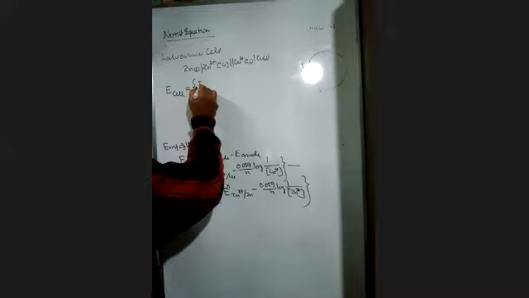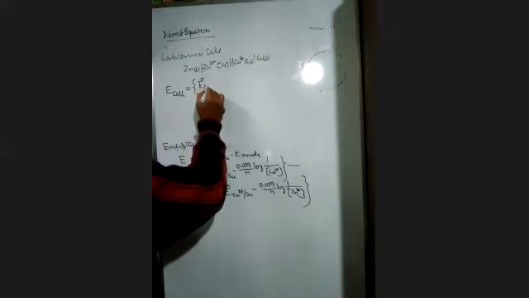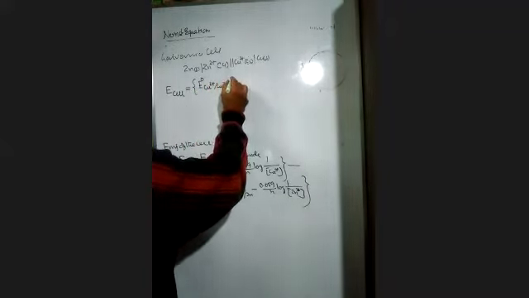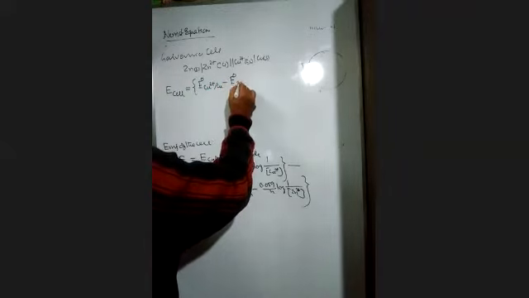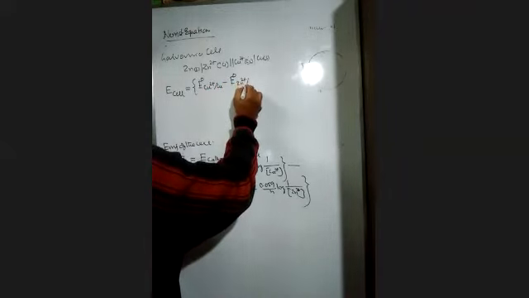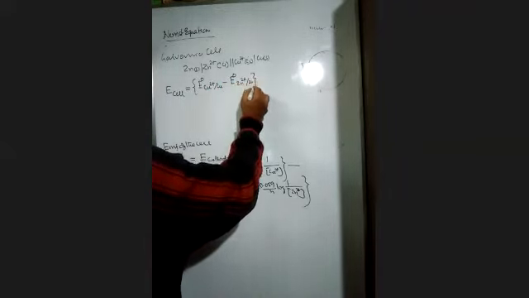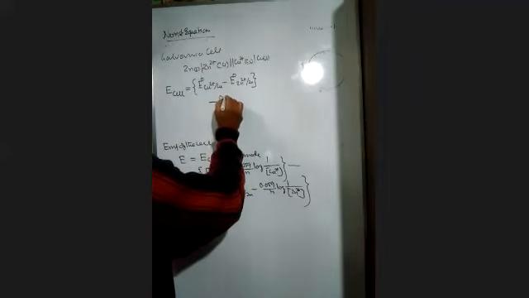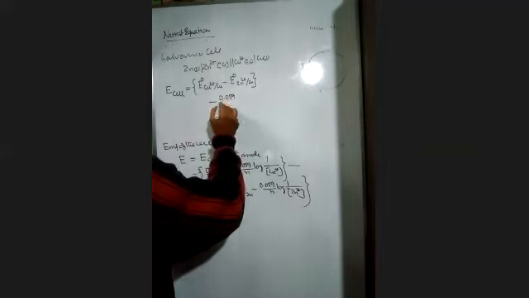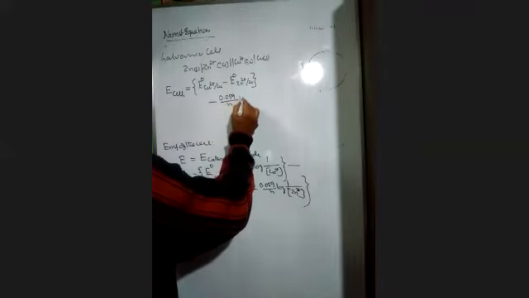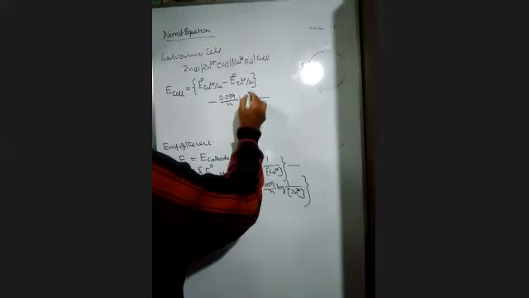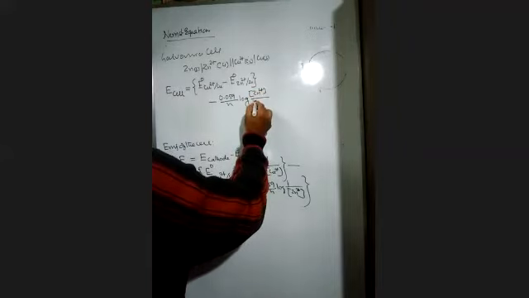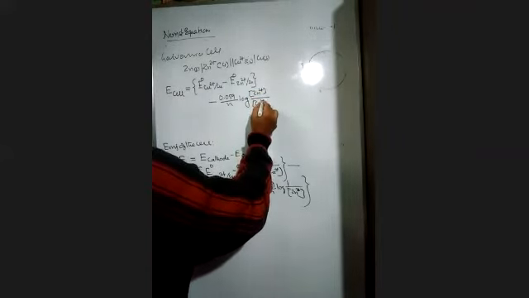It will be E0 Cu2+/Cu minus E0 Zn2+/Zn. Okay. Then this one will be 0.059/n log Zn2+ by Cu2+.